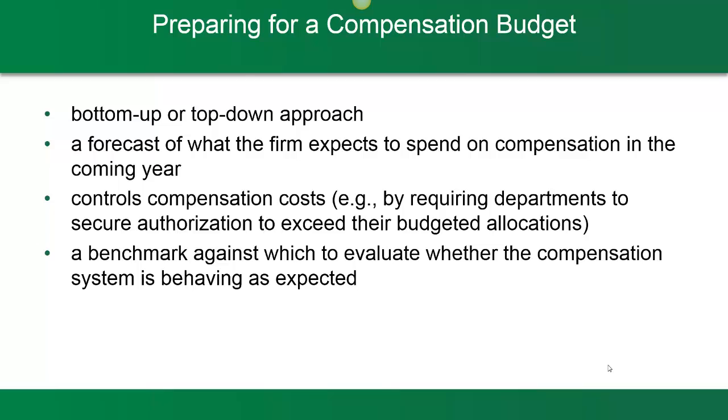In a top-down approach, management usually sets a limit on the total amount of compensation that's going to be available for the coming year. Sometimes it's based on an adjustment of last year's compensation bill. So a company might decide whatever they've spent, they want to spend 10% less, or maybe they think they can spend 10% more.